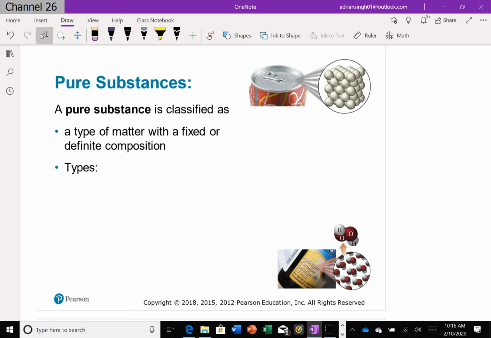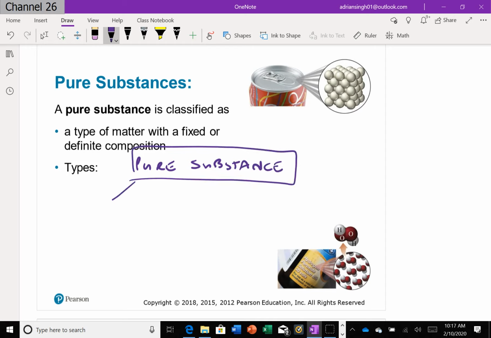And pure substances themselves can be further subcategorized or subdivided into two. They can be either elements or they can be compounds.